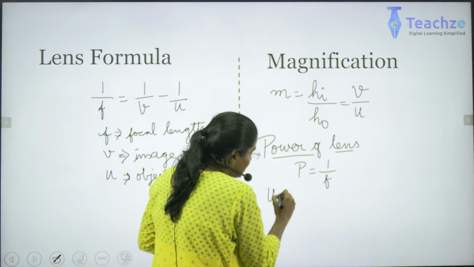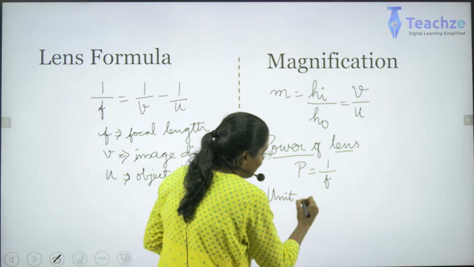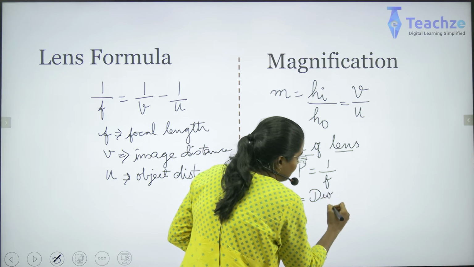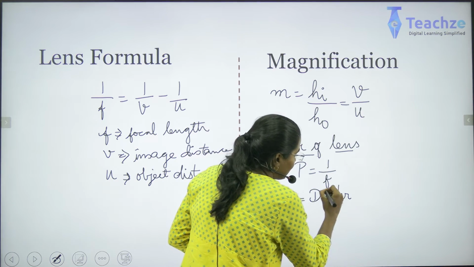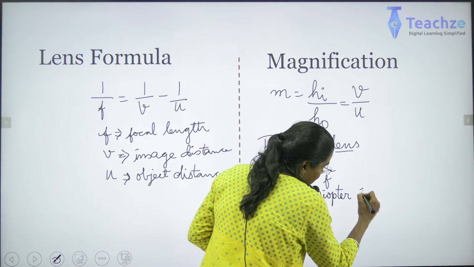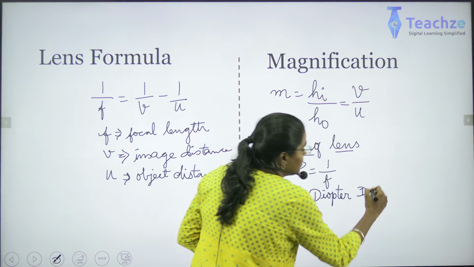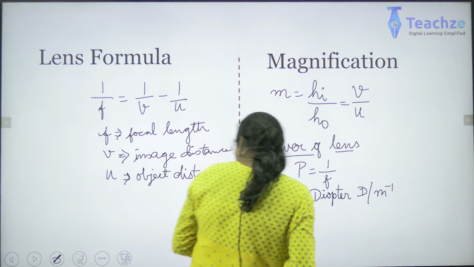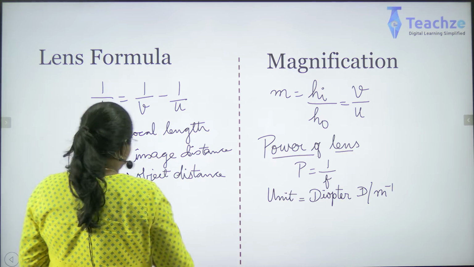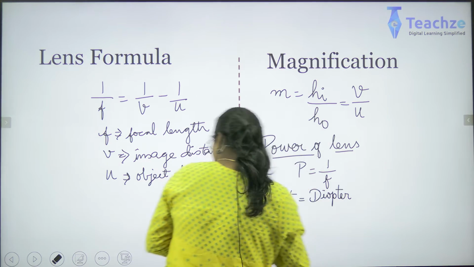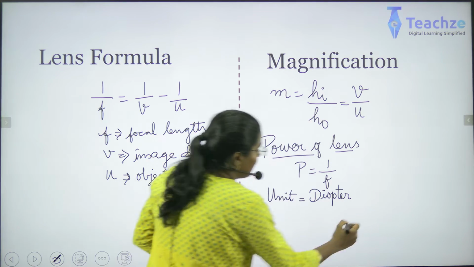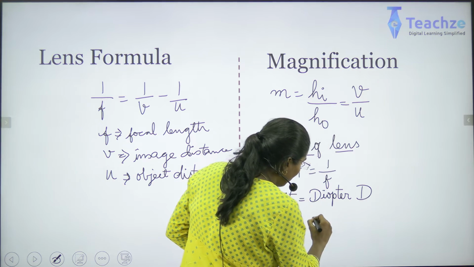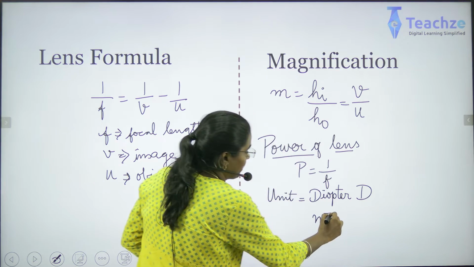The unit of power is the diopter, which you can simply write as D or m to the power minus 1.